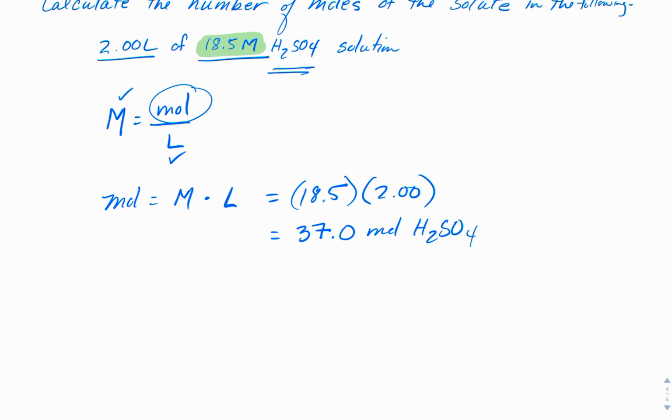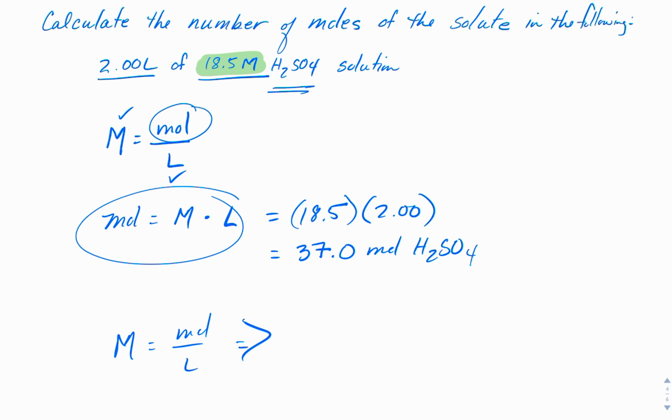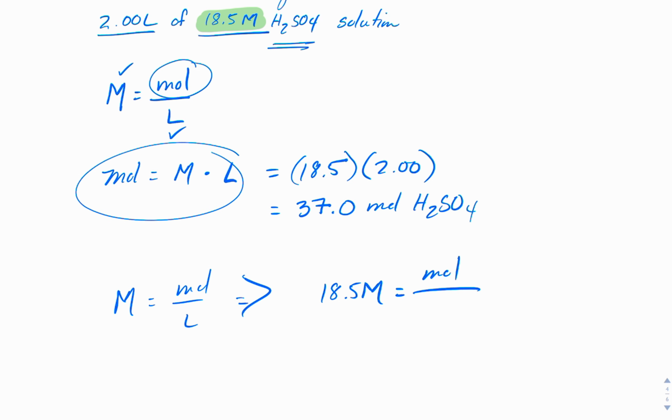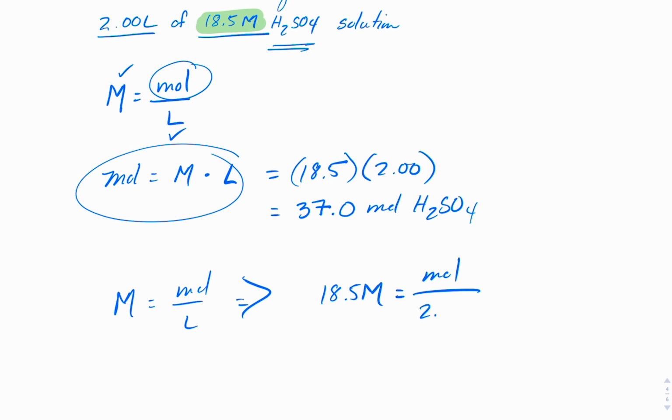If you don't like solving for it like this and then plugging your numbers in, and I don't typically, I just write my formula here, and then I'll plug in my numbers of my molar solution as being 18.5 molar, my moles as my unknown, and my volume of 2 liters.